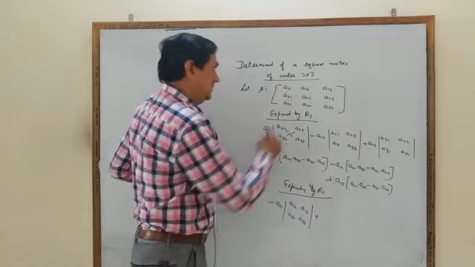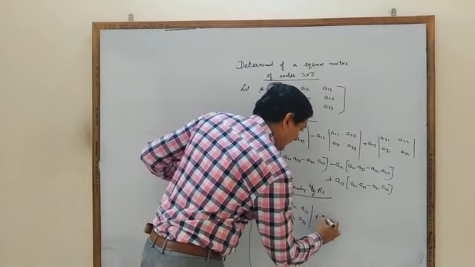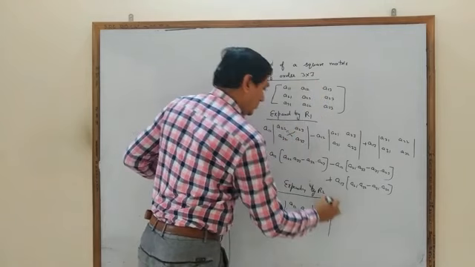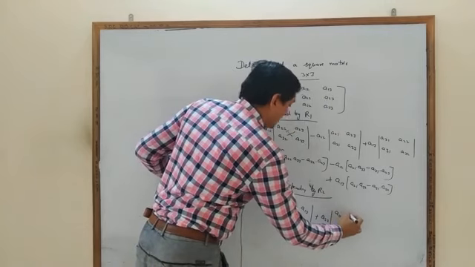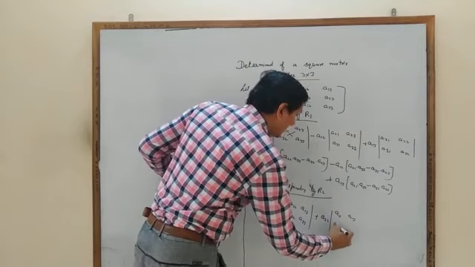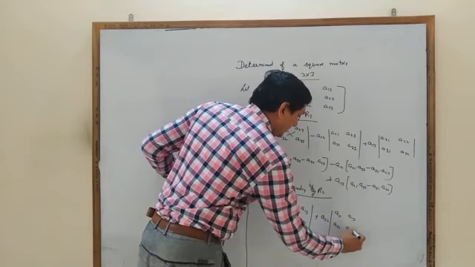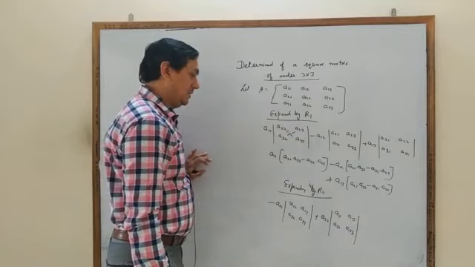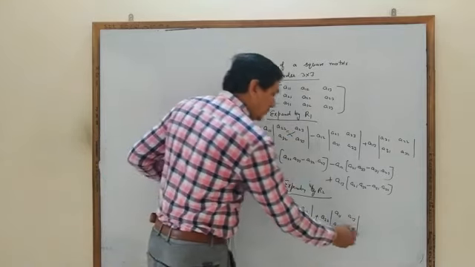Now a plus sign for A22. Put a cross on A22, and you will have A11, A13, A31 and A33. These elements are left after putting a cross on A22.